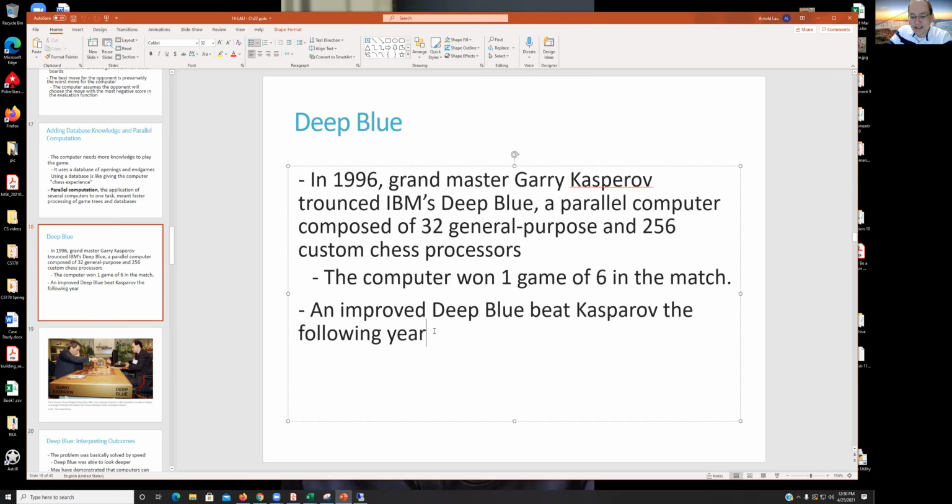The computer initially took a game against Kasparov, but the following year, not only did they improve the algorithms, but I think the hardware side significantly improved, and they were able to beat Kasparov.